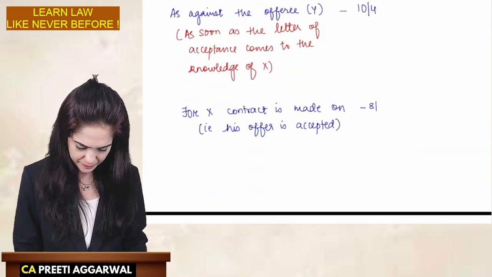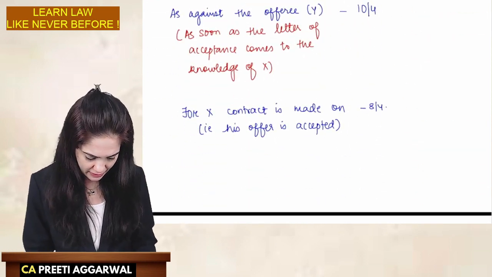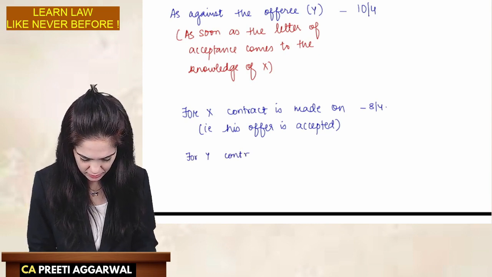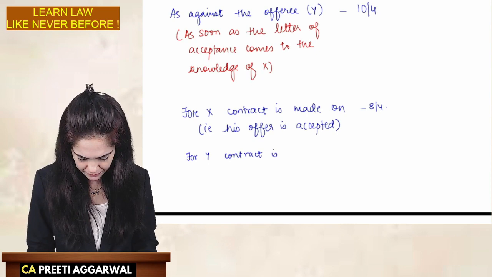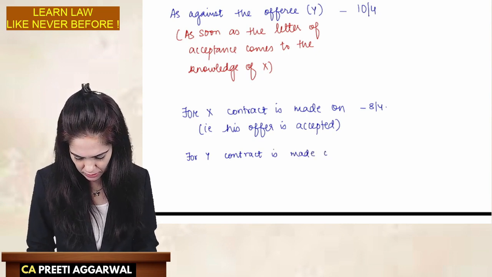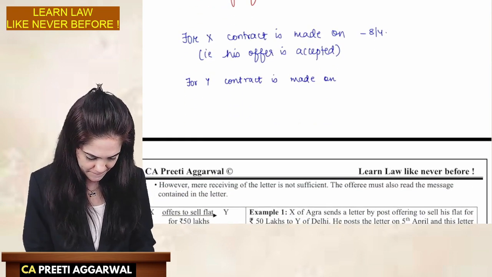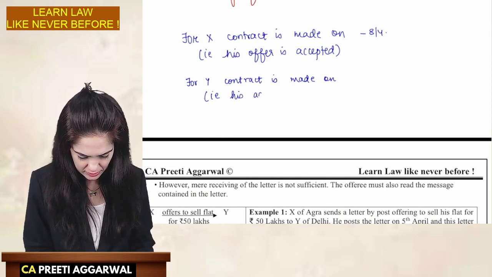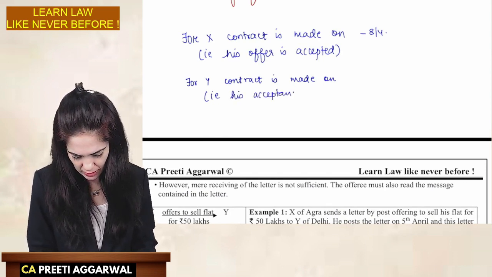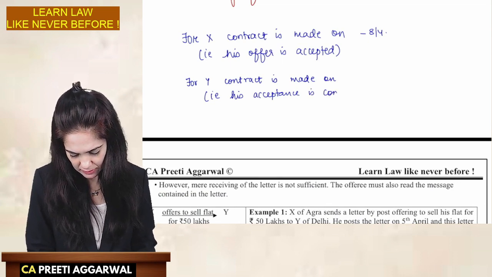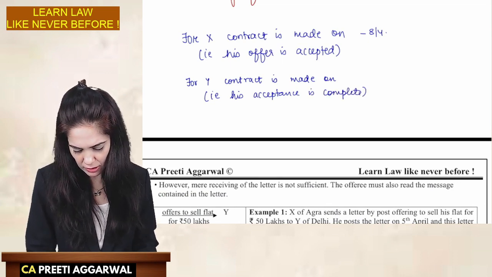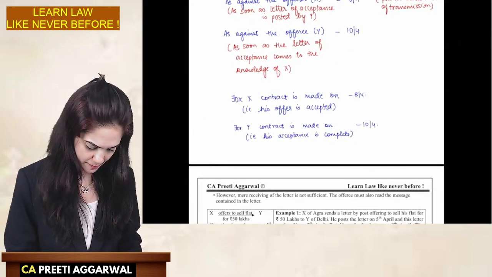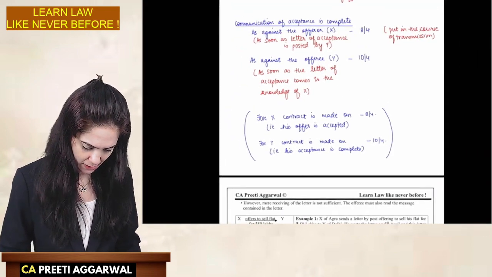Yes. And for Y, contract is made on, that is, his acceptance is complete. Contract is made on 10th of April. Very good. So this is the interpretation. Okay.